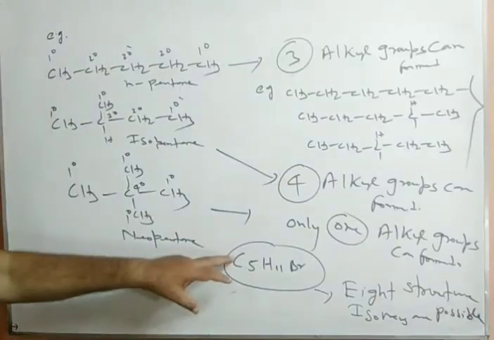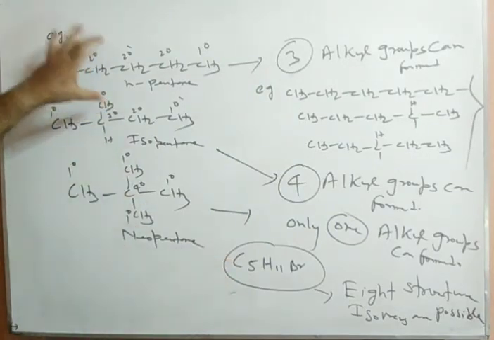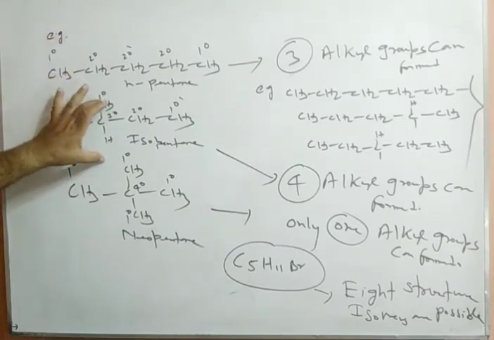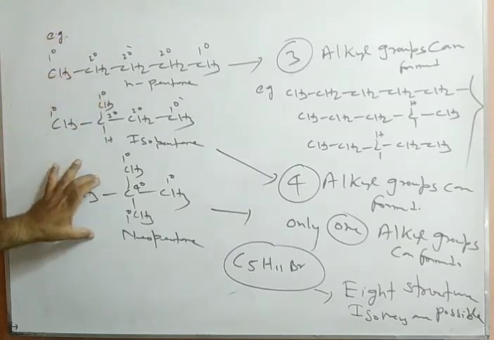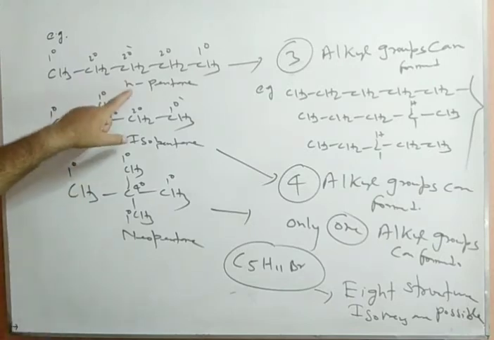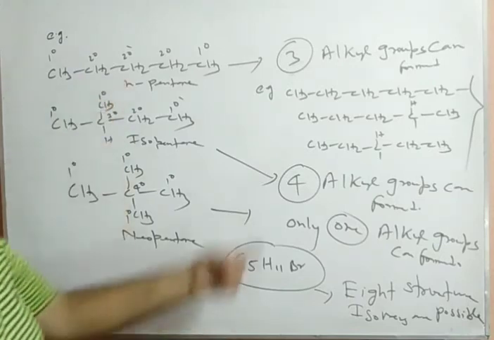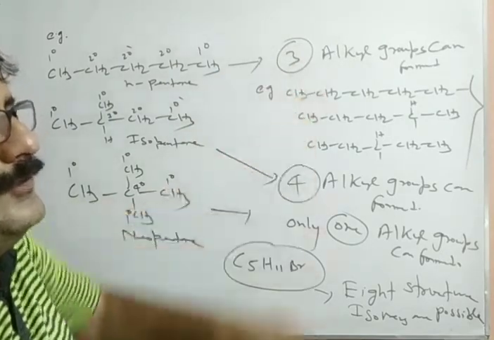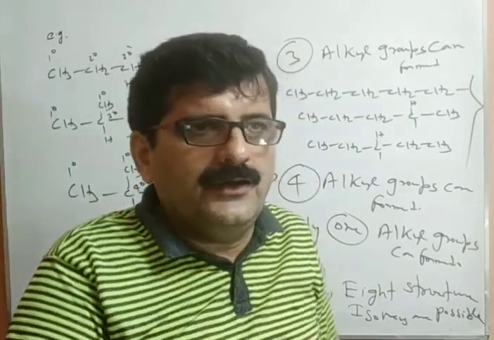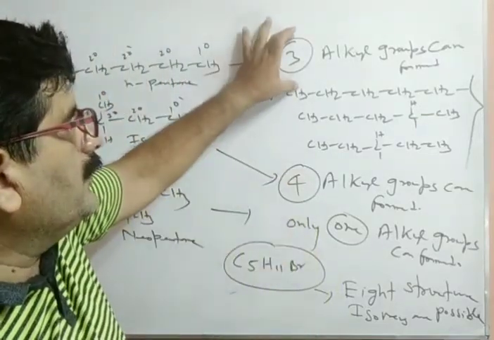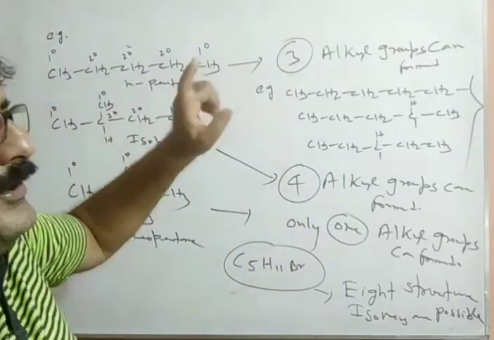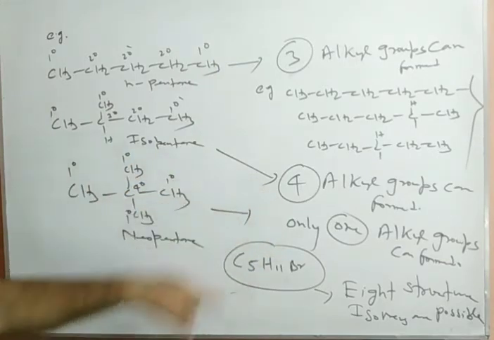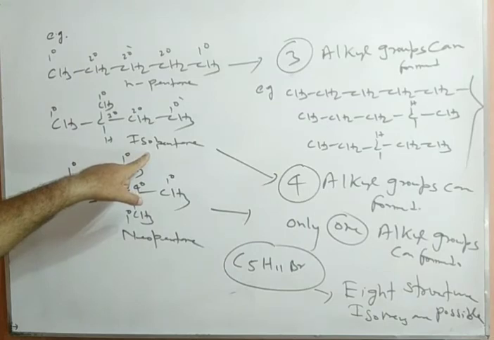Why? Because first you arrange this compound in normal pentane pattern, second one isopentane pattern, and third one neopentane pattern. If normal pentane is given, then 3 patterns of alkyl groups are present. An alkyl group linked with halogen produces what? Alkyl halides. So 3 patterns of alkyl halide are obtained from normal pentane. Similarly, 4 alkyl groups can form from isopentane.